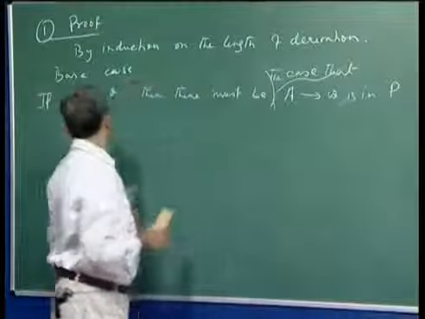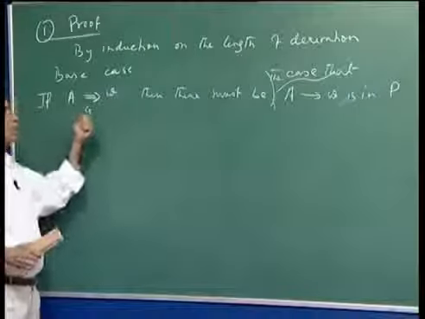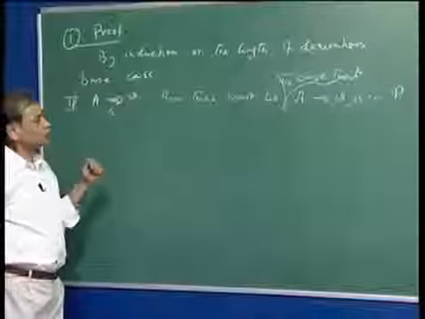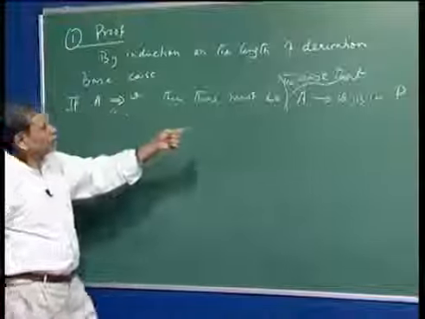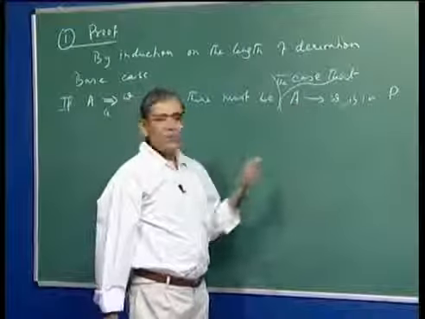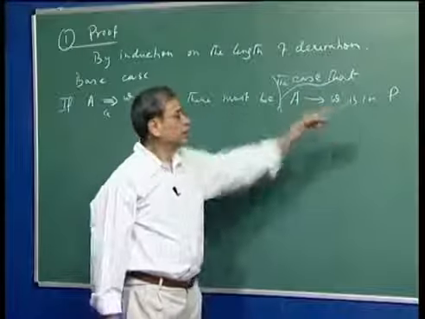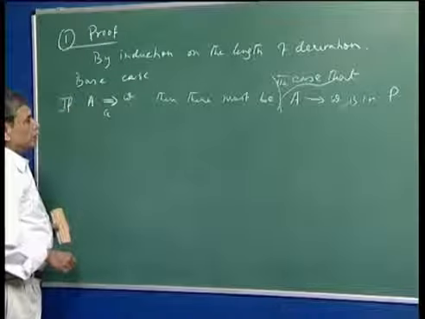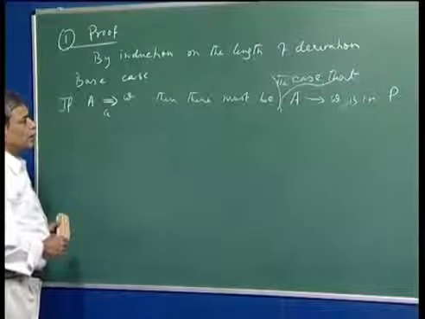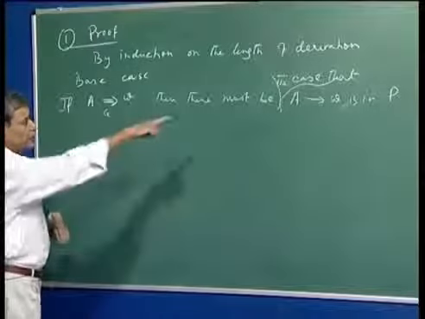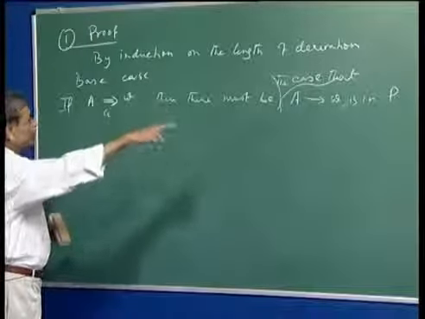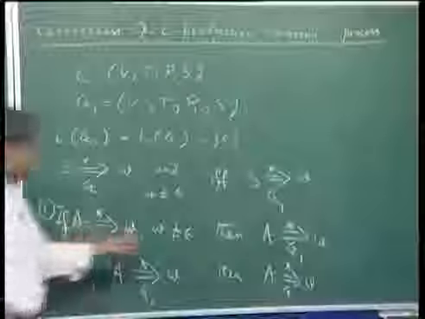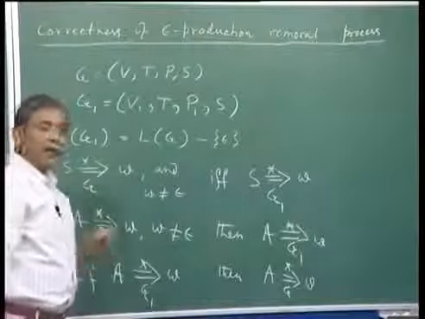This is clear that if we derive in one step some string, that means we can use only one production, and therefore, that is the production we must be having in the set of productions P. Now, notice that W is, we have assumed, not epsilon.